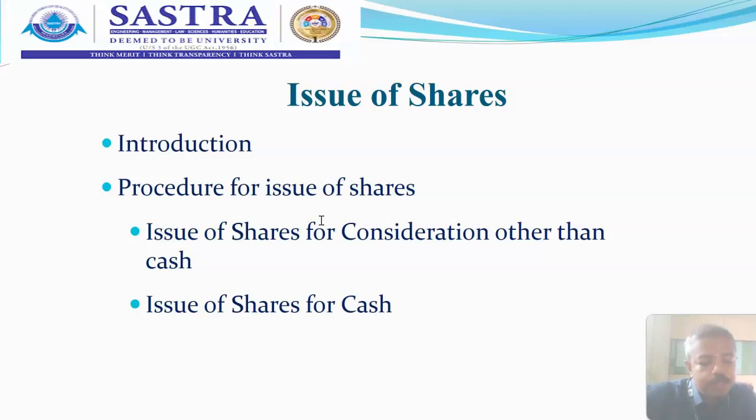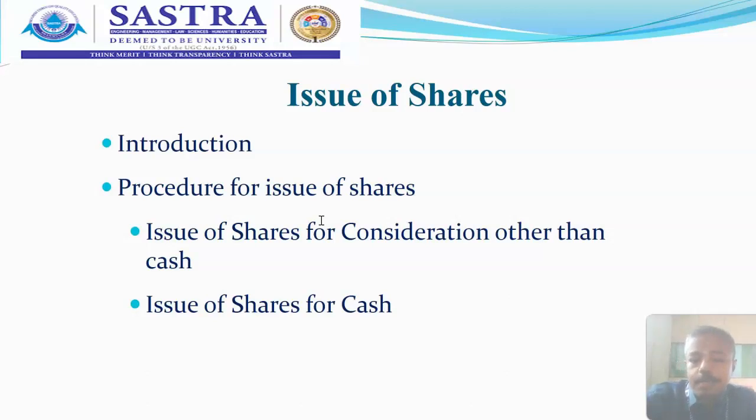In case a company does not have sufficient funds for the purchase of fixed assets or for payment of creditors, it may offer and allot its shares to the vendors or creditors in lieu of cash.